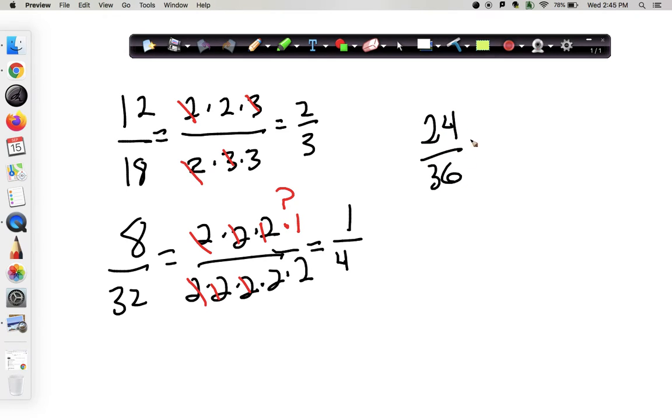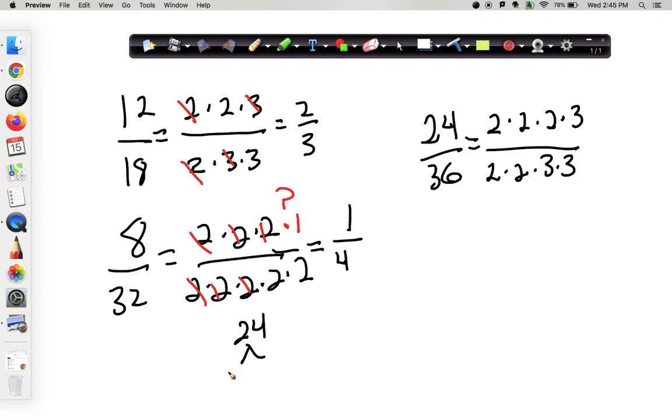24/36. We want to simplify that. That's 2 times 2 times 2 times 3. And this is 2 times 2 times 3 times 3. If you're not sure what the prime factorization is, for example, 24, you could just start making multiplication problems. 2 times 12, and when you get 2 times 6, 2 prime numbers, then you stop.